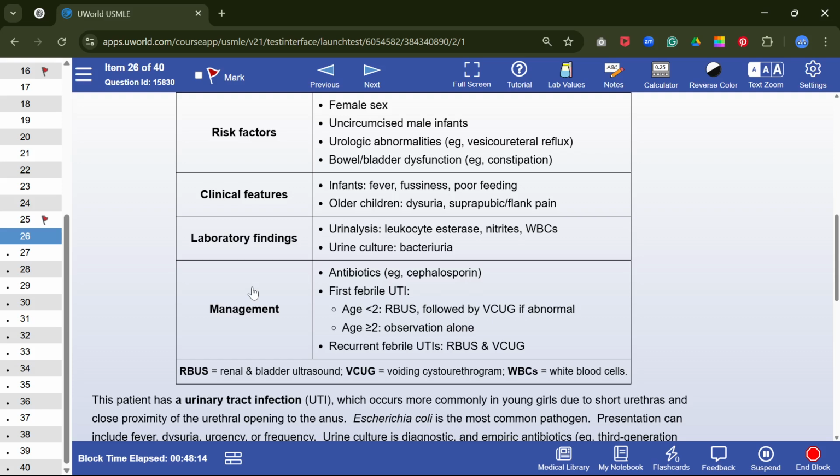So this should be the flow chart, like the renal and bladder ultrasound followed by VCUG. Yes, observation alone. That's what I'm thinking. Why is it not observation?